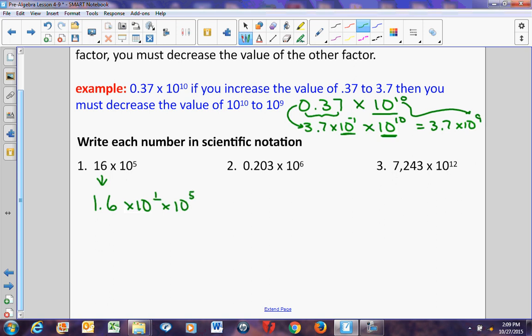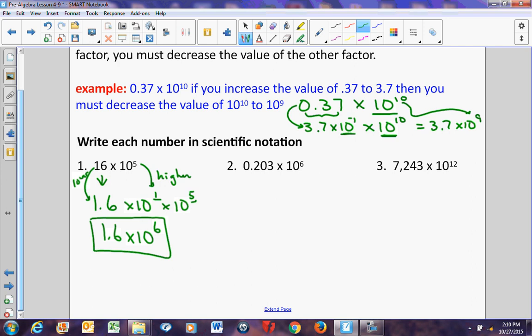We add the 1 and the 5 together, we get 1.6 times 10 to the 6th power. Because we didn't increase the value of the 16. This went lower, so this has to go higher. If you change one direction, you have to change the other in the other direction.